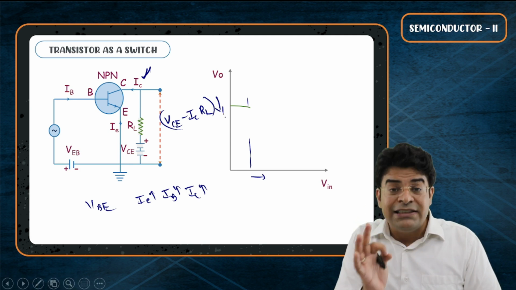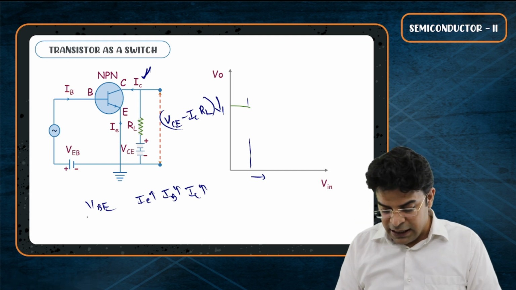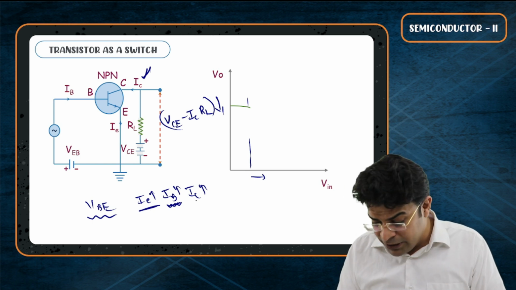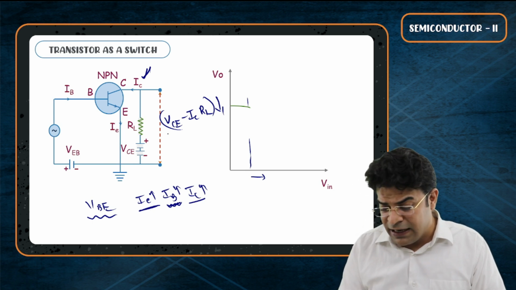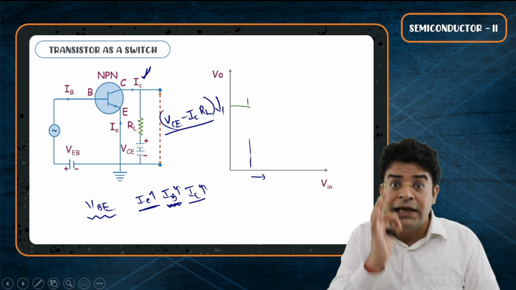And this decrease is nearly linear. So do understand, as VBE increases, the emitter emits more, we get greater base current, we get greater collector current, and hence the output potential start to decrease nearly linearly.